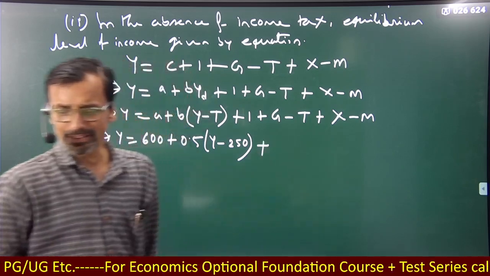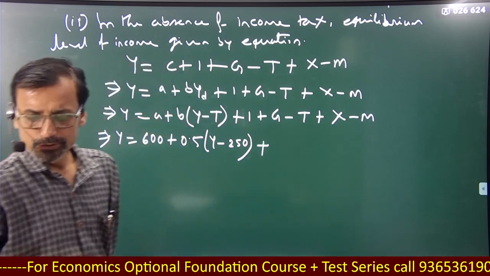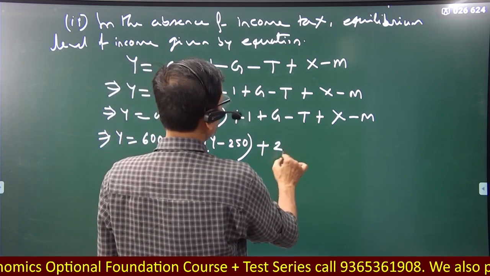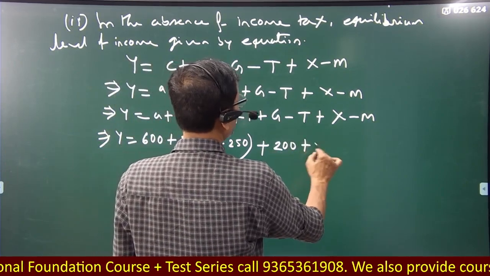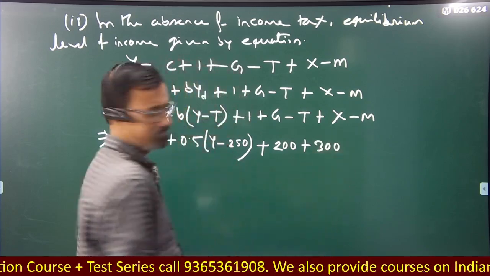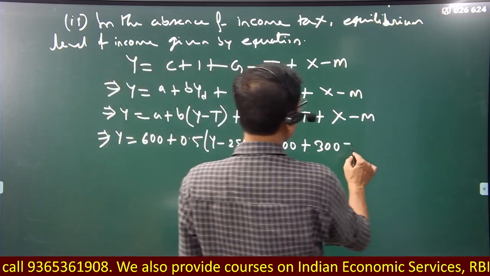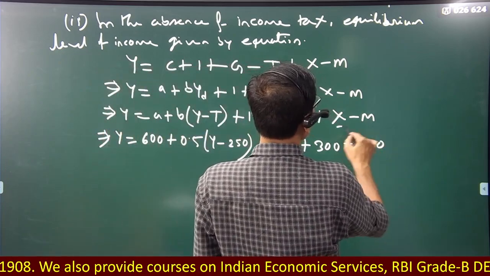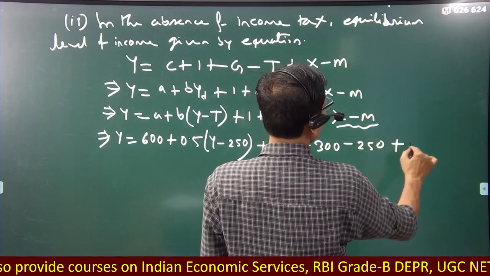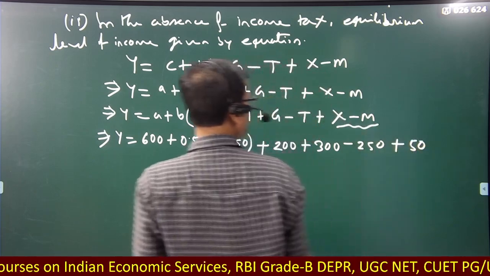Next, investment is given 200, plus government expenditure is given 300, and tax is also given 250, and net export is given as 50.